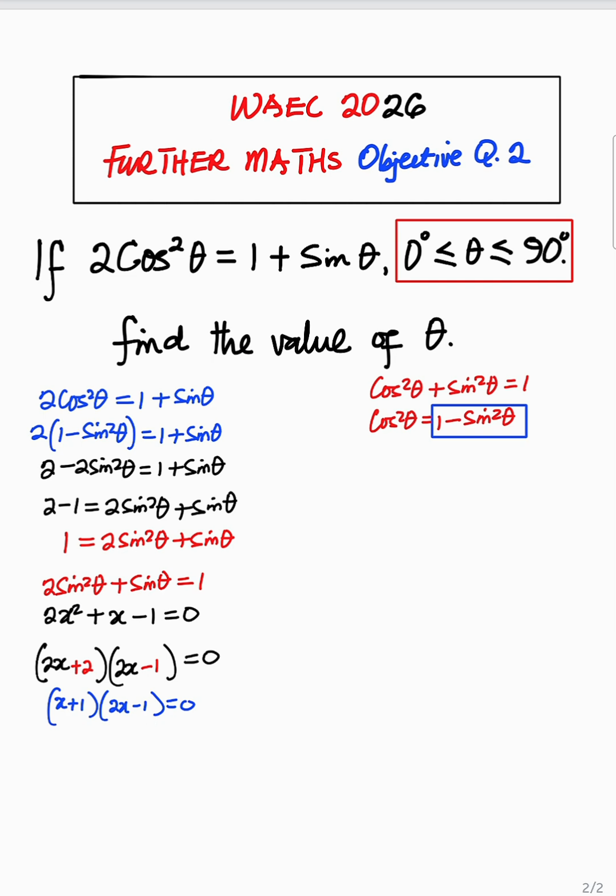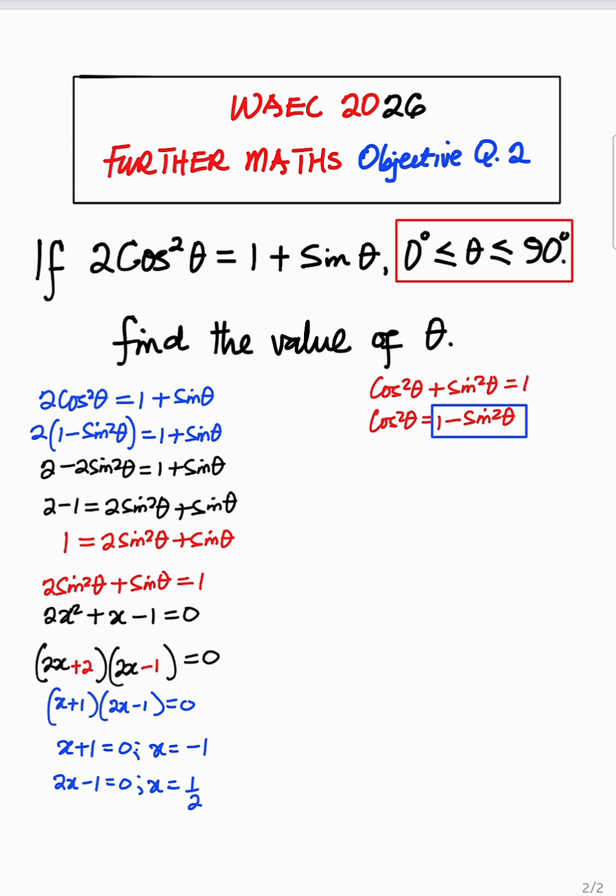Here you have x plus 1 equals 0, so solving for x, x equals -1. The next one is 2x minus 1 equals 0, and solving for x, x equals 1 over 2. So these are the two solutions of x.